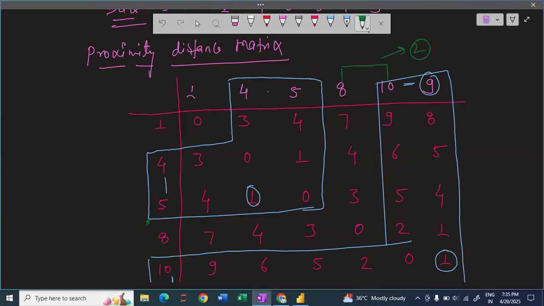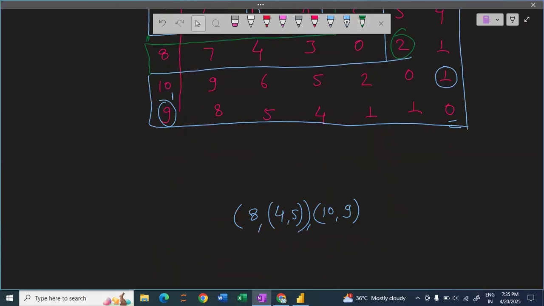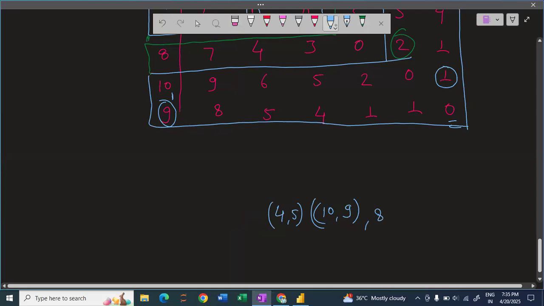Okay. And this is 2. So the matrix will look like this. Like this. Now I can write here comma 8. This is your third cluster.